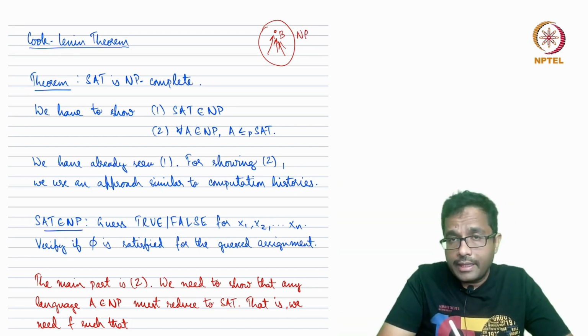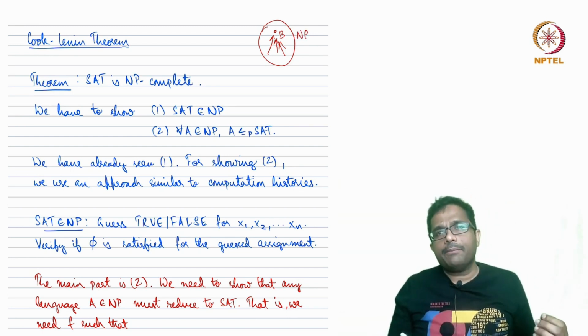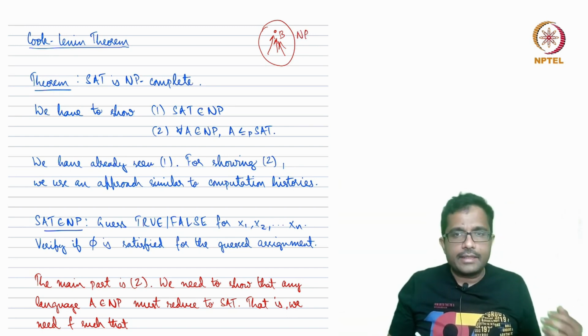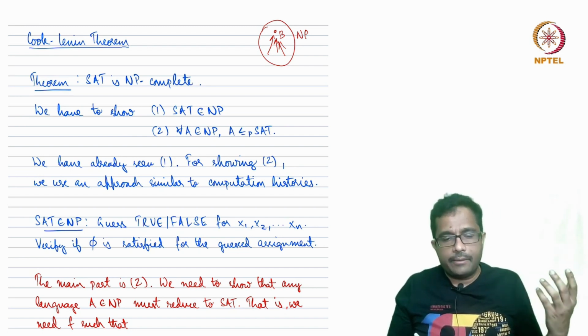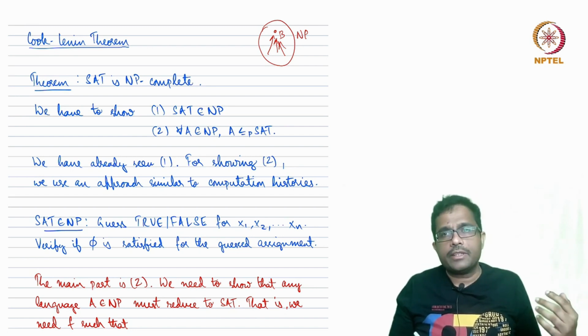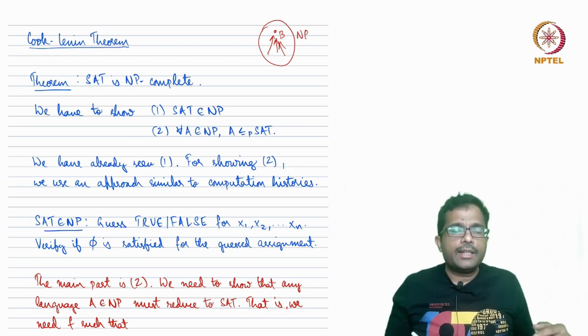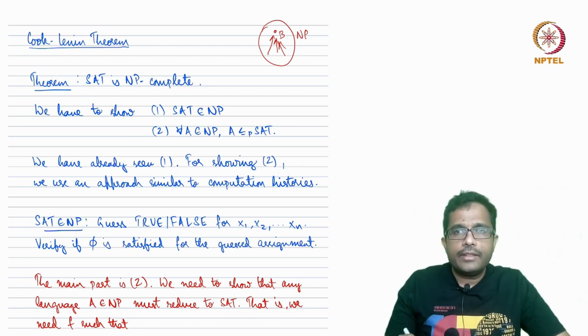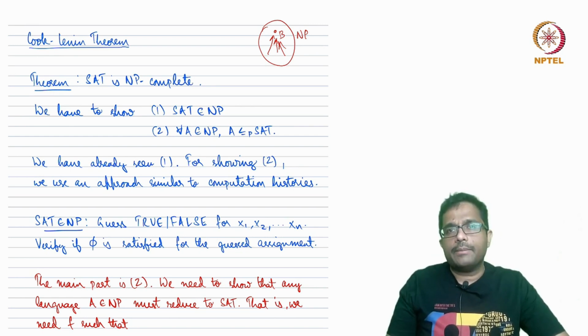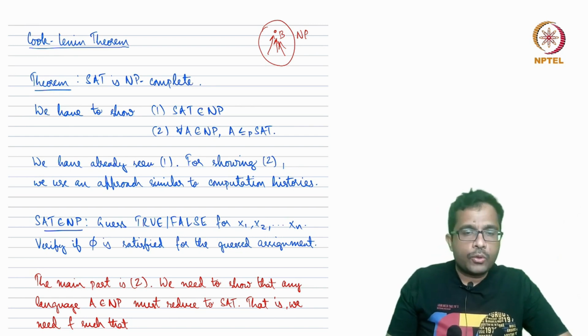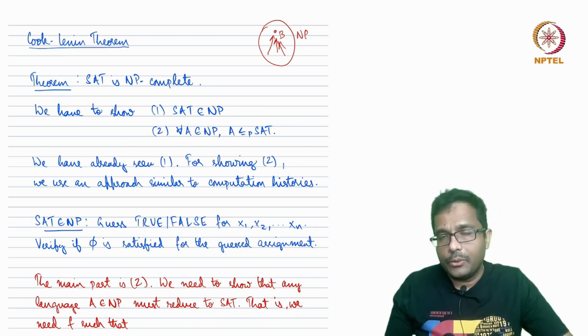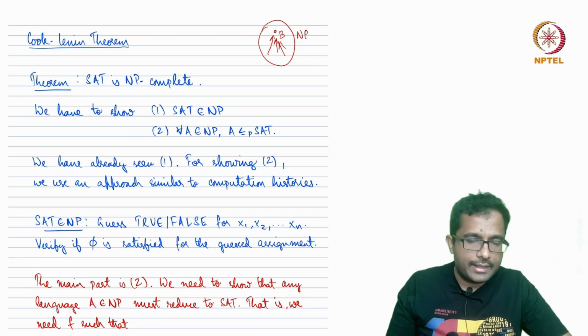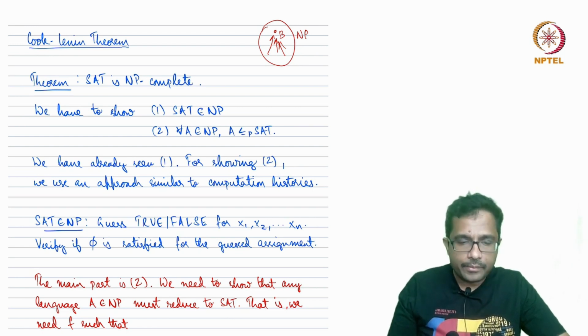Fortunately, if we have some known NP complete language B, to show that C is NP complete, it is enough to reduce B to C. But to begin with, we need to have some already known NP complete language. So the Cook-Levin theorem provides us with that known NP complete language, and that is satisfiability.